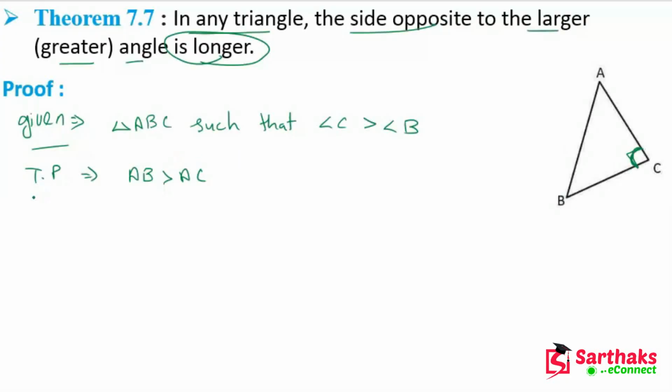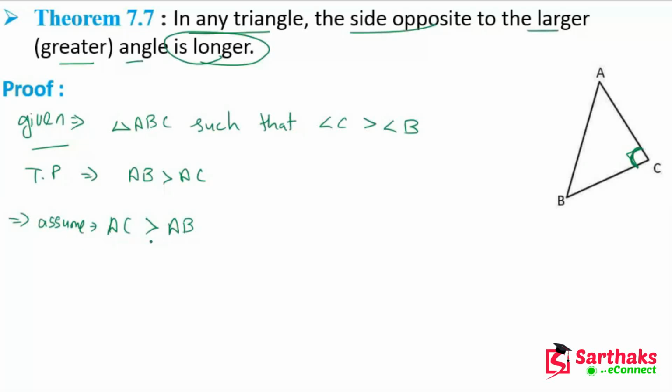So now let's start to prove this. Let us assume that AC is greater than AB. This is our assumption.